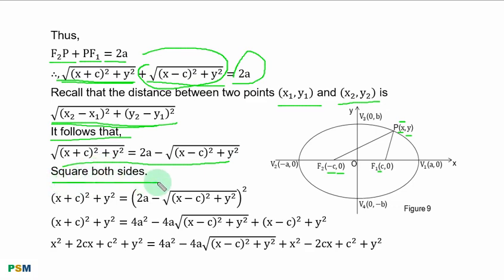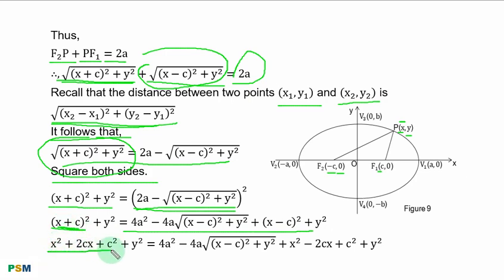Square both sides. If you square this side, you have the result without the square root sign. Then you square the right hand side. If you simplify the right hand side, you have this result. From here, let's expand this term. If you expand this term, you have this result plus y squared equal to the right hand side.